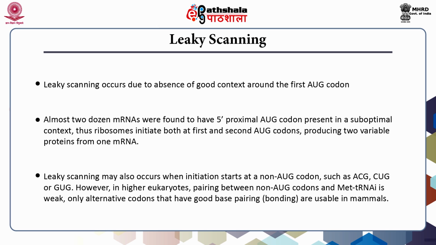Leaky scanning may also occur when initiation starts at a non-AUG codon such as ACG, CUG or GUG. However, in higher eukaryotes, pairing between a non-AUG codon and methionine tRNAi is weak. Only alternative codons that have good base pairing are usable in mammals.